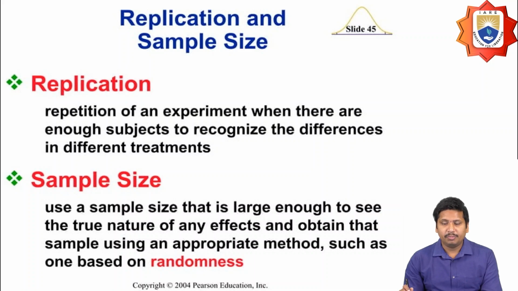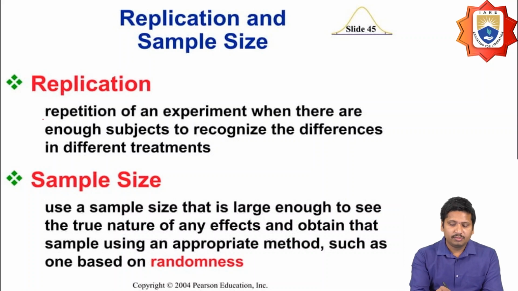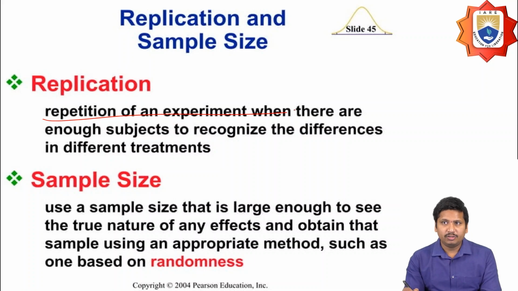Replication means repetition of an experiment, with enough subjects to recognize the differences in the different treatments. So that is considered data replication. And then sample size should be large enough to see the true nature of any effects, and we should obtain the sample size using an appropriate method, such as one based on randomness.